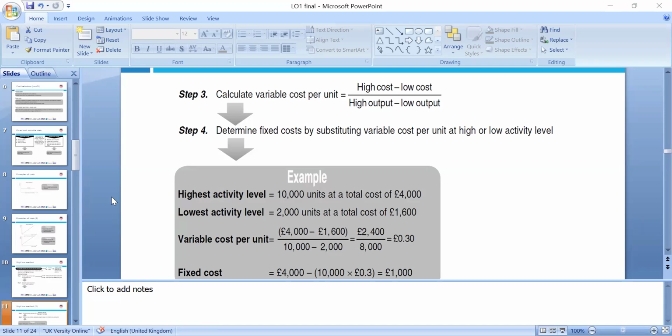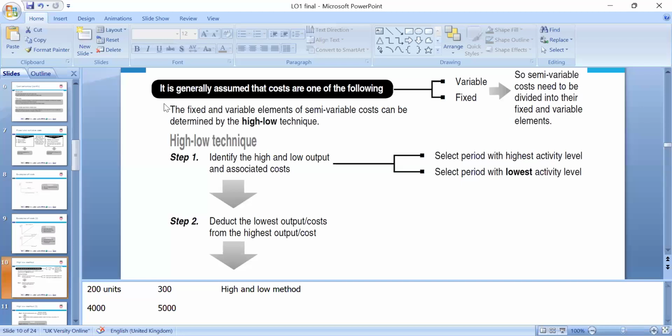Okay, so I shared this with you. We can follow the steps. First step, you look at which one is high and which one is low. You write the high unit and low unit in the question, whatever you've been given, then the high unit cost and the low unit cost. Then we take the difference. So step one: identify high and low and their associated cost of the activity.